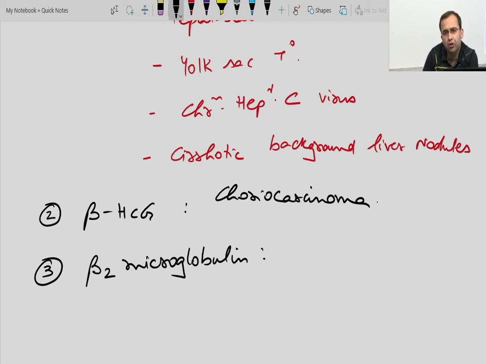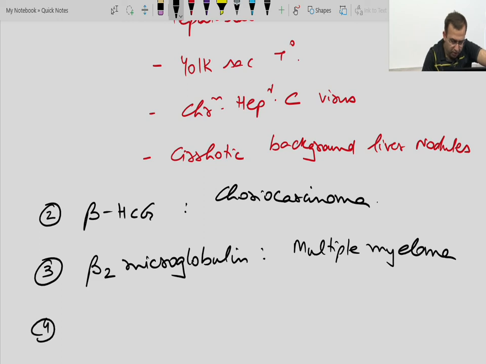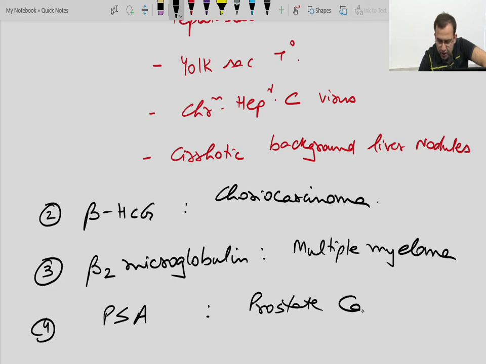Elevated beta 2 microglobulin is a poor prognostic factor in multiple myeloma. Next, PSA, prostate specific antigen. PSA, obviously prostate cancer.